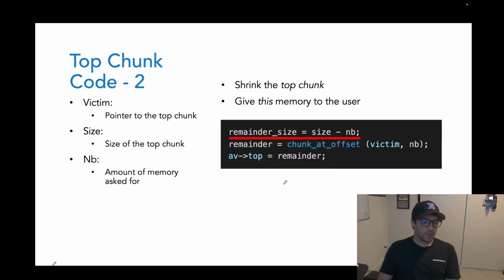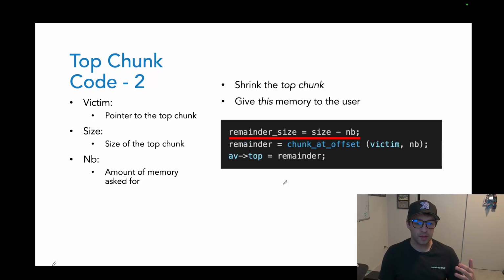Now, within that if statement, this is the code that's there. It does size minus nb, which is going to be the size left over for the top chunk. So we're doing size minus nb, and then nb is going to be the size of the chunk that's going to be given back to us. When we subtract that, that remainder is what's left over for the top chunk to use.